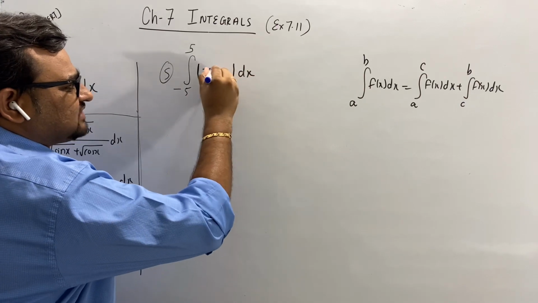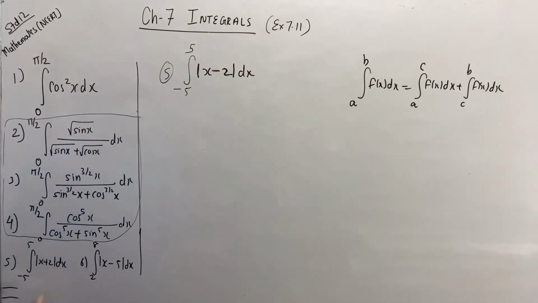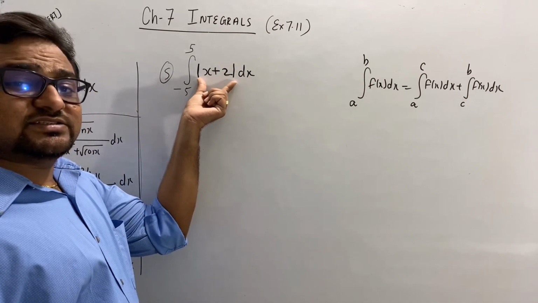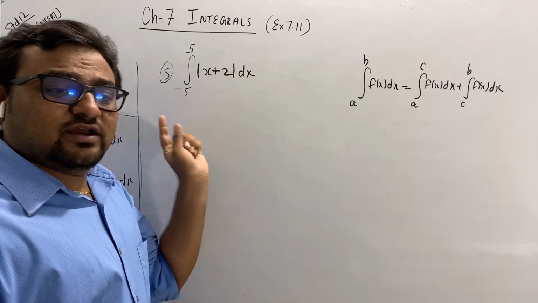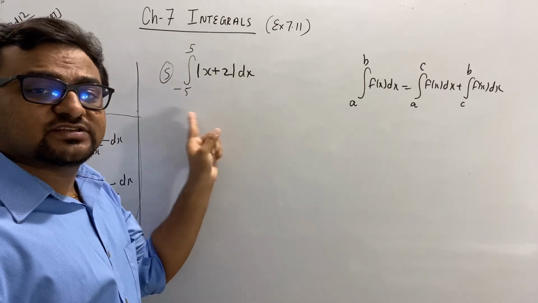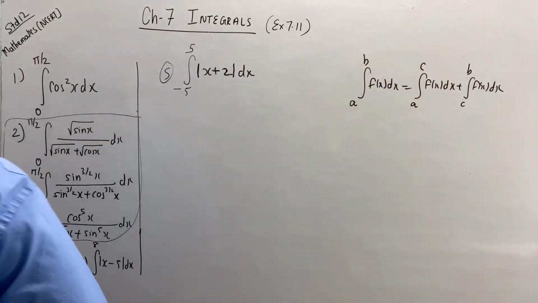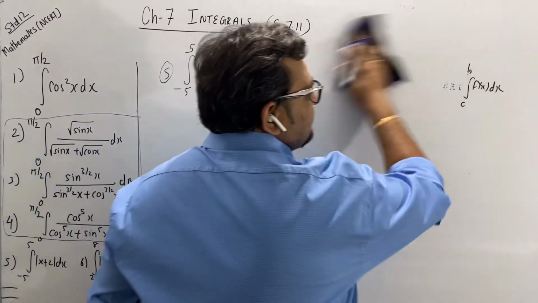It's x minus 2. Okay, sorry, it's x. Let me check the question. Sorry, it's x plus 2 only. Okay, so now see here, if this is negative, then we have to take this function as minus of x plus 2. So what I am doing, I am first erasing this, we'll be using this formula.